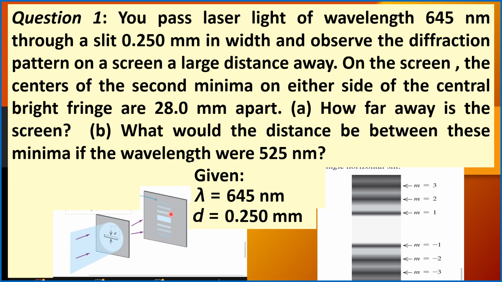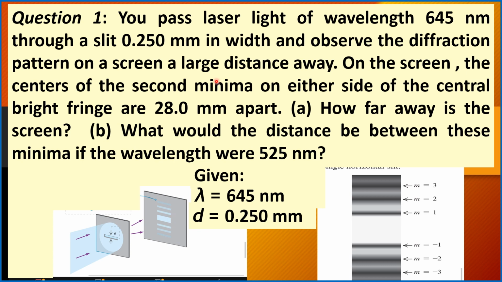The bright bands are the results of the interference of the two wavelets coming from the single slit, which when combined, the resulting effect is a constructive interference. Whereas the dark bands represent what we call the destructive interference.